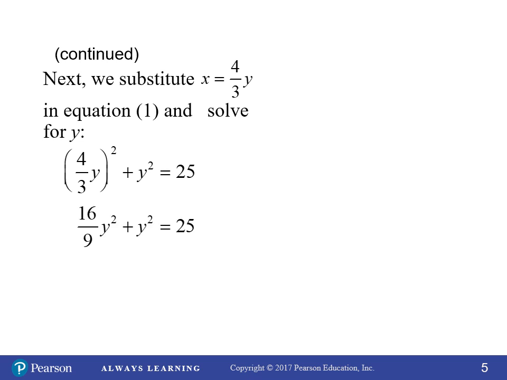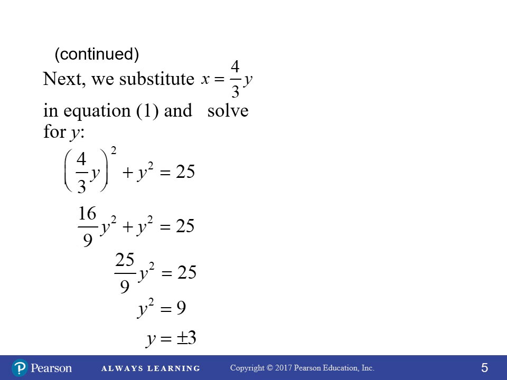That gives us 16/9 y squared plus y squared equals 25. When we combine those y squareds, we get 25/9 y squared equals 25. We want to get rid of the 25/9, so we divide. That gives us y squared equals 9. When we take the square root, y equals positive or negative 3.